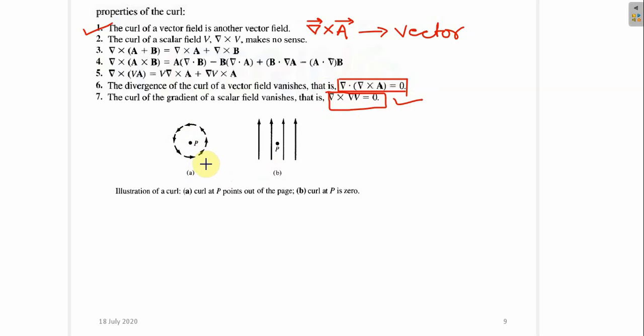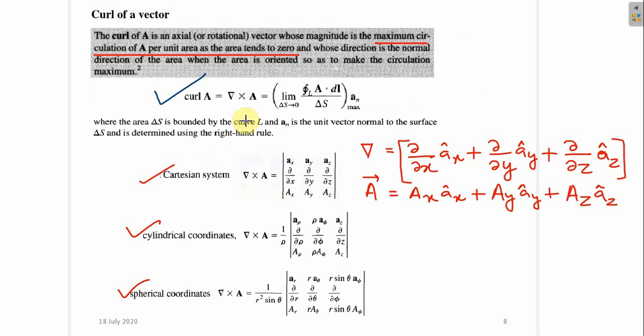Now the curl of any vector field at point P has been illustrated in the two figures A and B. Here I had already discussed that the direction is determined using the right hand rule.